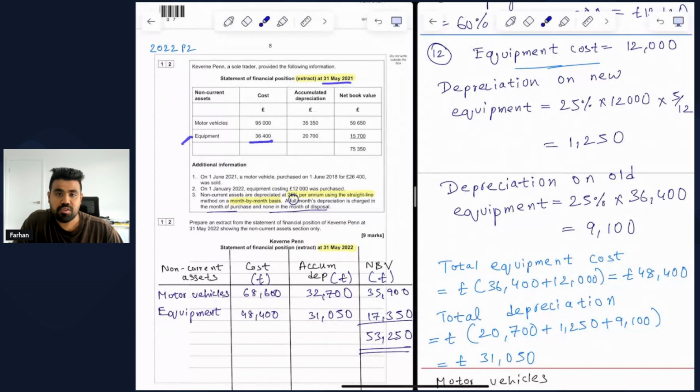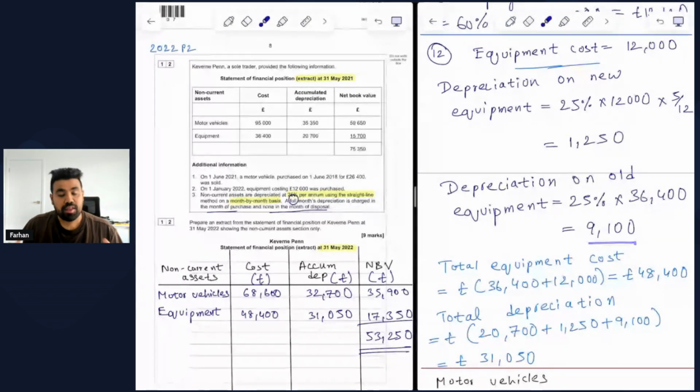We understand, based on the additional information, that we have no disposals during the year relevant to equipment, which means we can confidently say that this old equipment has been in use for the entire 12 months ending 31 May 2022. And if you want to calculate the depreciation in this case, you just simply apply 25% on £36,400 because we're using the straight line method. So on that basis, the depreciation on the old equipment is £9,100.